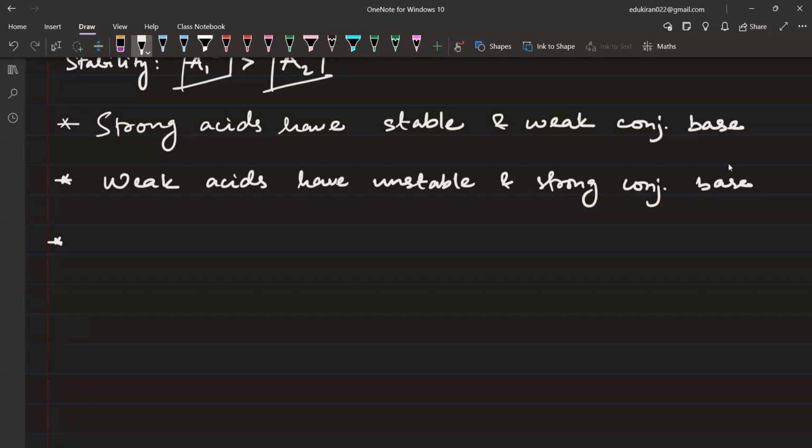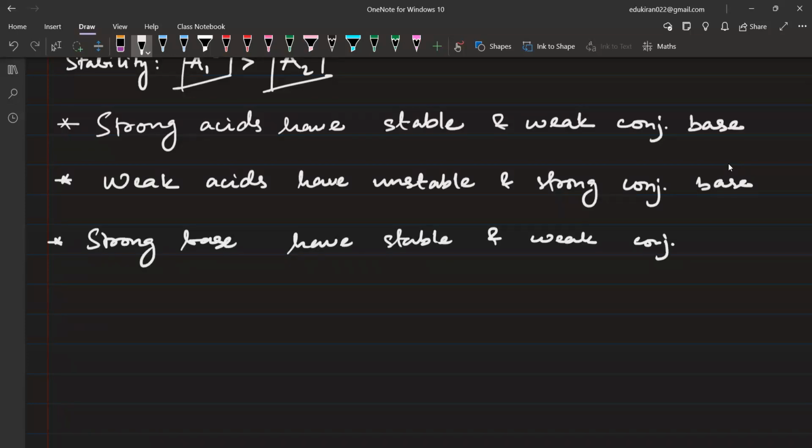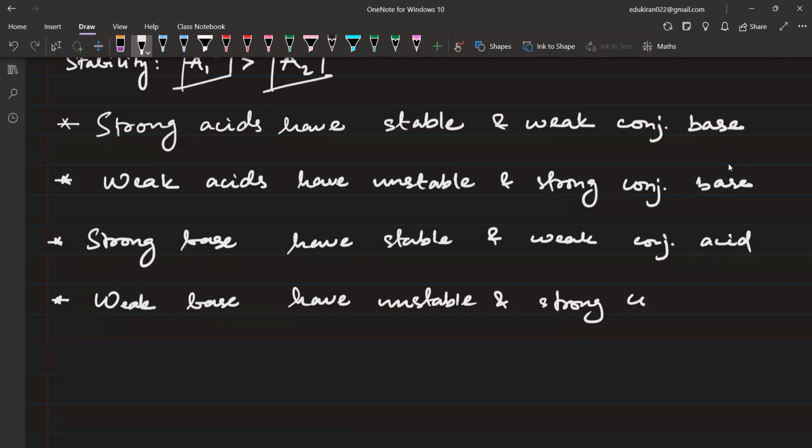Vice versa, we can write about the bases. That strong base have stable and weak conjugate acid, and weak base have unstable and strong conjugate acid.